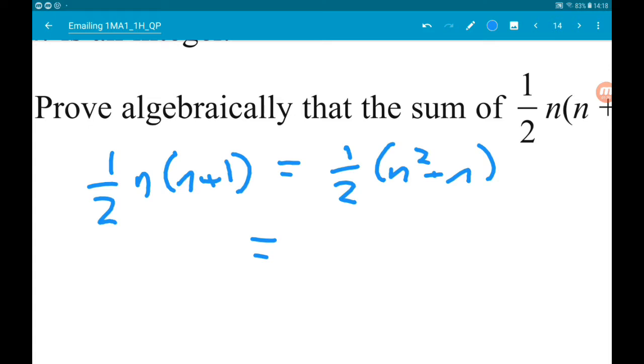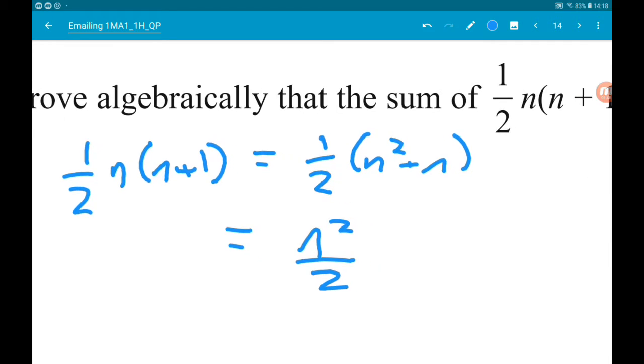Now that then is 1/2 n squared, which I prefer to write as n squared over 2. If you prefer to write it as 1/2 n squared, do that. And then n over 2.